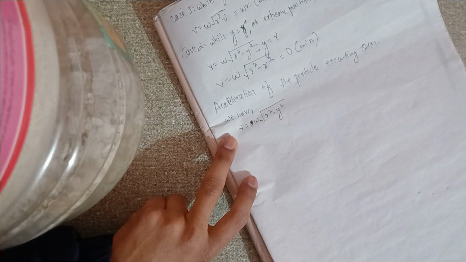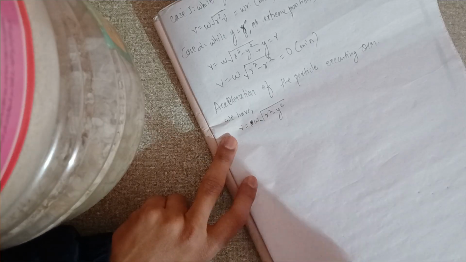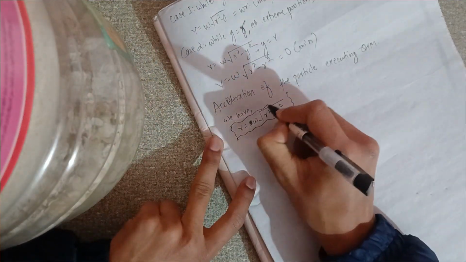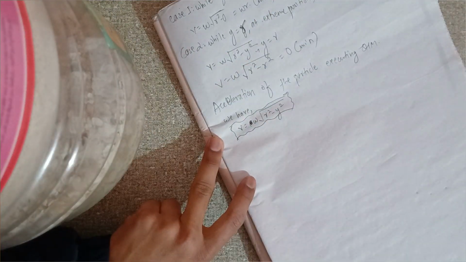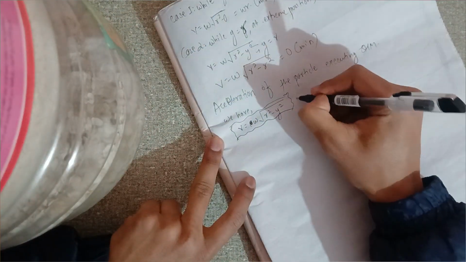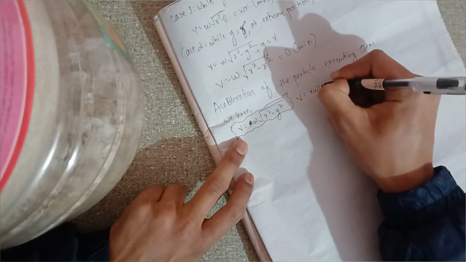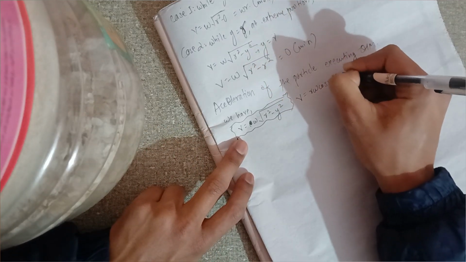This is the equation of velocity of the thing. But we cannot differentiate this and get a fruitful result, because acceleration is to be determined by differentiating this equation: v equal to r omega cos omega t.